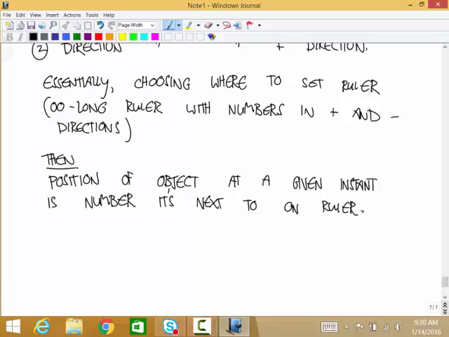Rulers always measure length, and so the units for position always have to be some kind of length quantity.